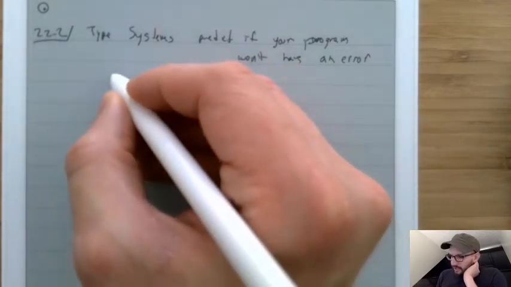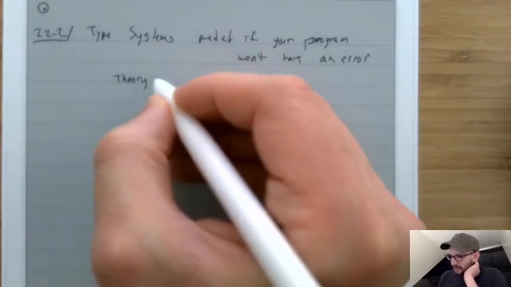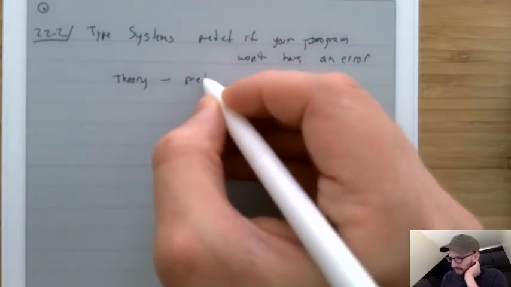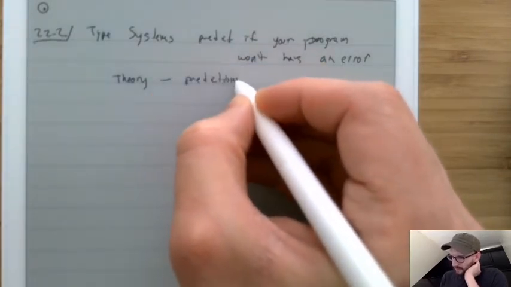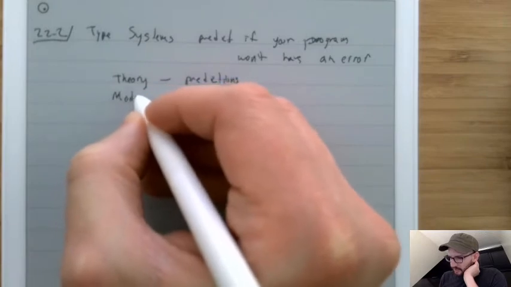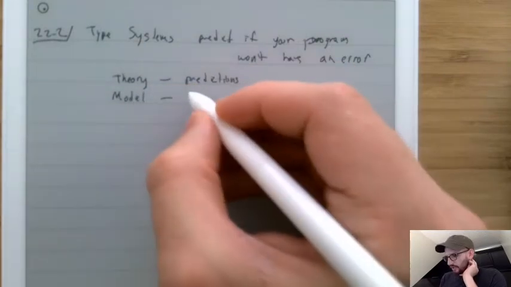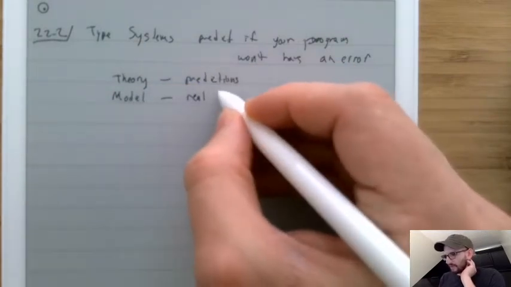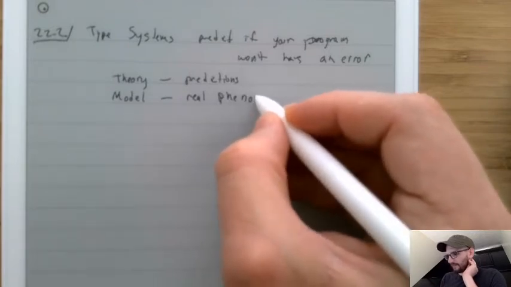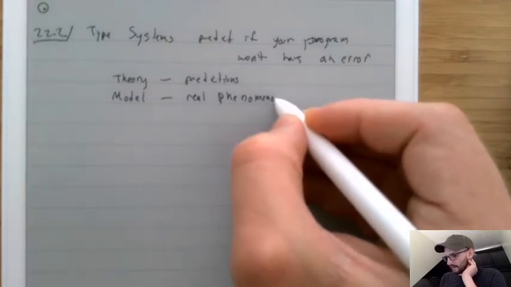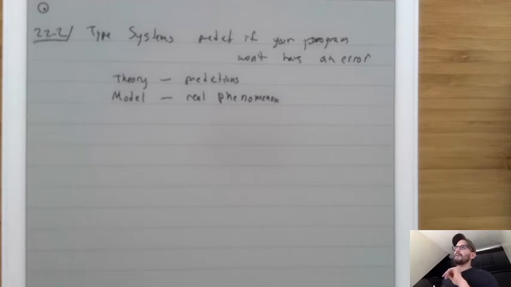So we're going to use the word theory to refer to predictions. And we're going to use the word model to refer to real phenomena. And here we're going to use a little notation.